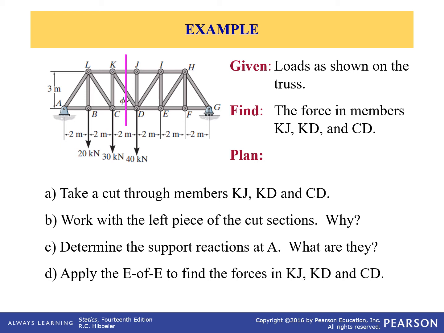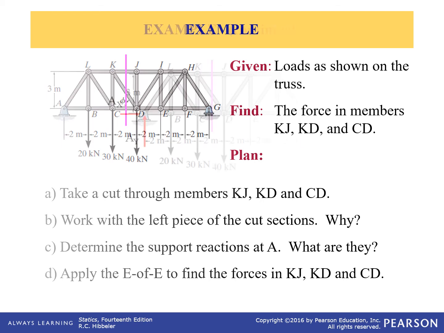So the way you'd start this problem is you would solve for your support reactions at A, because you're probably going to take the left-hand side. The support reaction at A is a pin, and at G it's a roller. And you cut it, you take your piece, and apply your equations of equilibrium to solve the problem.